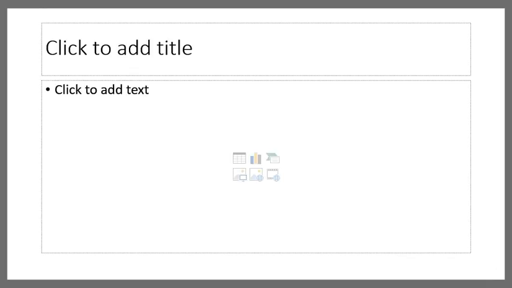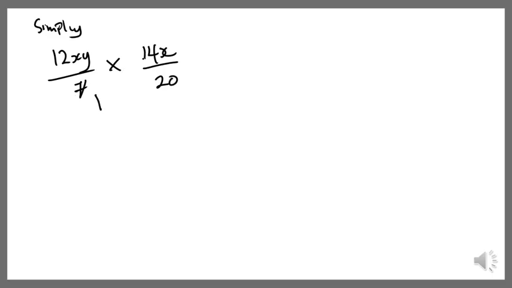So we have to simplify this: 12xy over 7 multiplying 14x over 20. 7 will go into itself 1. 7 will go into 14 two times. 2 will go into 12, 6 times, and 2 will go into 20, 10 times. Then 2 will go in again, so we get 3 over 5.